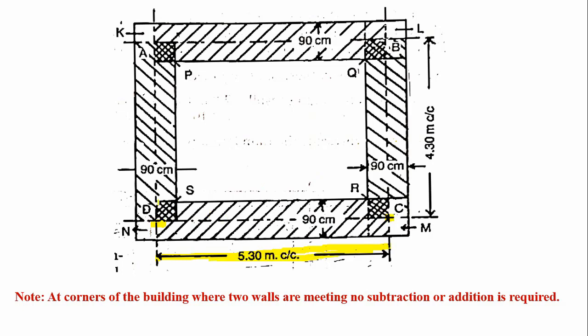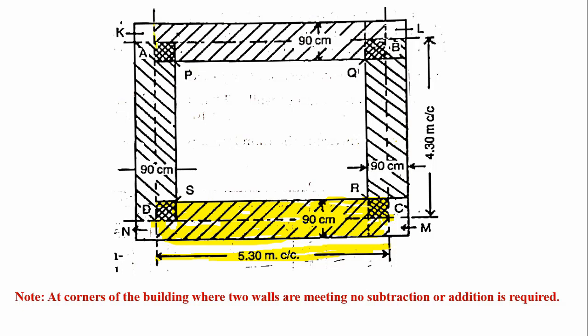Next we will multiply it by breadth. Breadth means we will consider this much portion, that is, you can see here we have 90 centimeter breadth. Then we will multiply it by height, so as to get the quantity of this long wall.